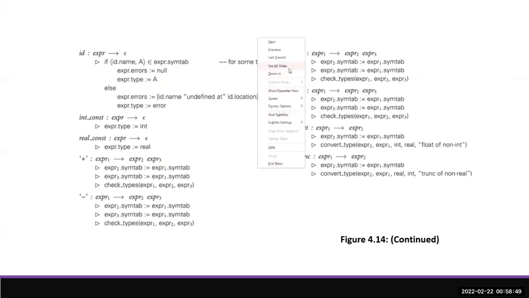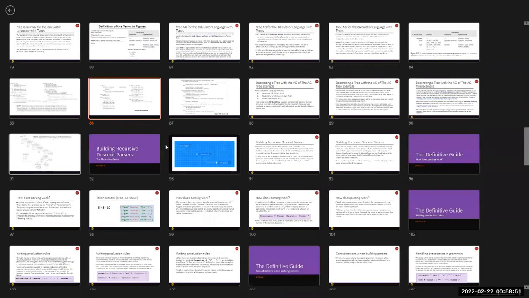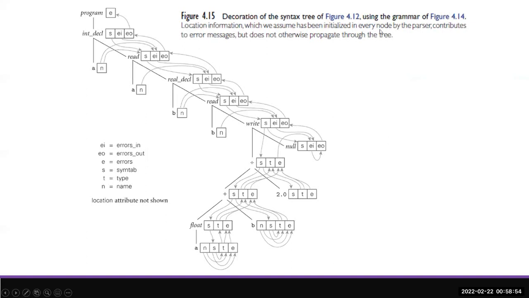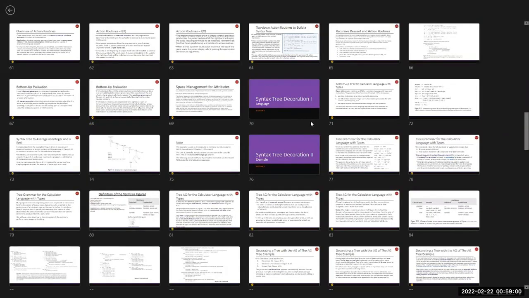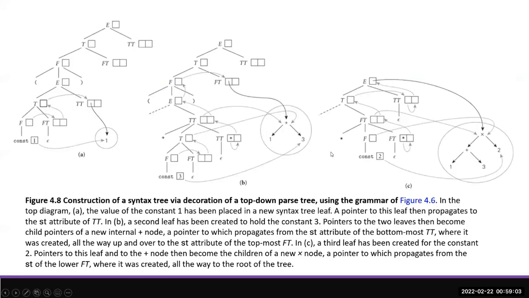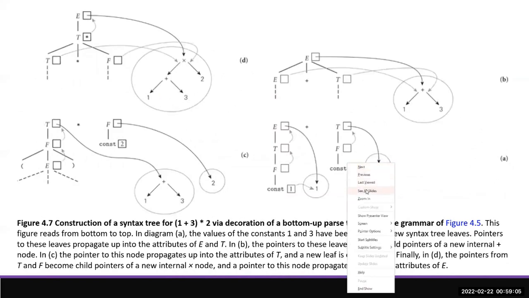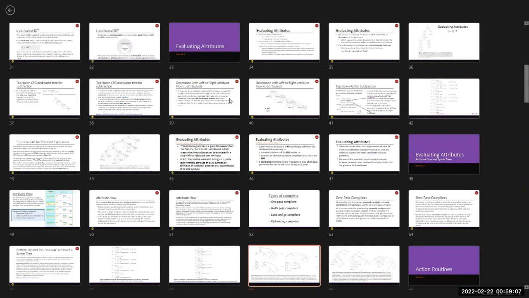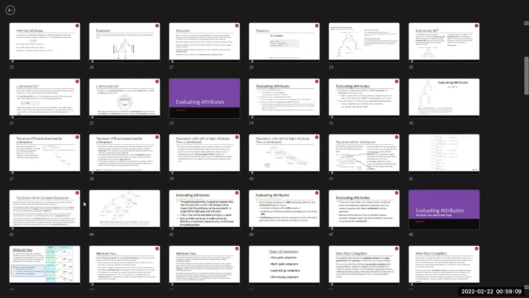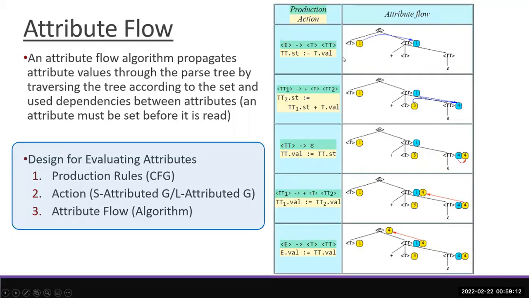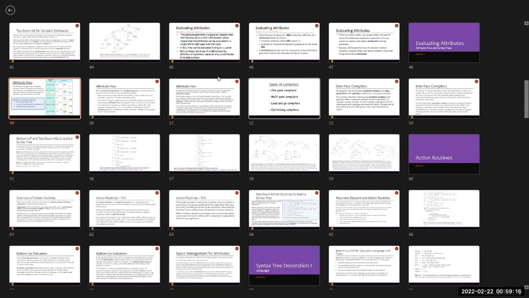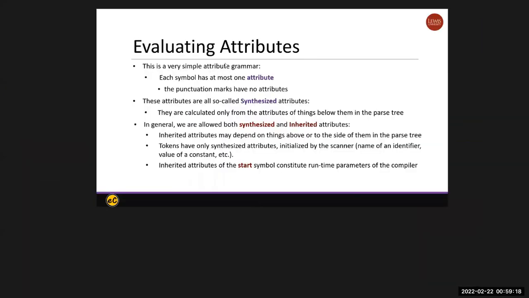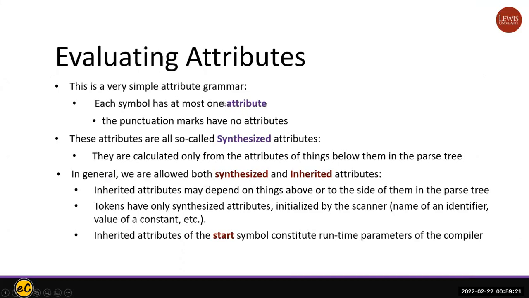Then at the end you will build a declaration of the syntax tree in this way, and it is runnable. It follows what we talked about today, the action routine, and also the so-called attribute flow, evaluating through the tree to get the different attributes. And that's the purpose of today's talk, the evaluation of the attributes.